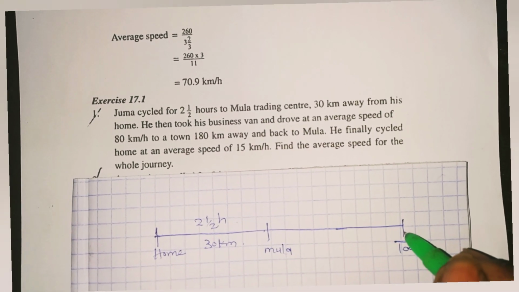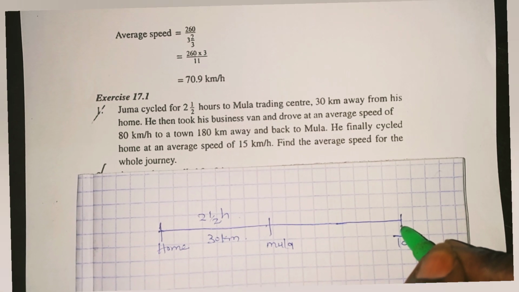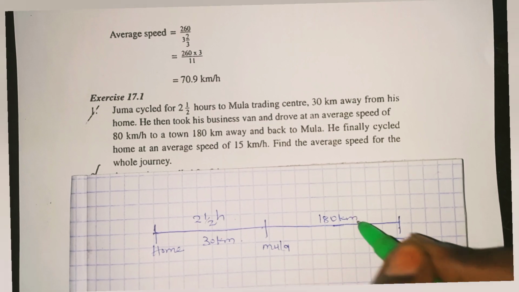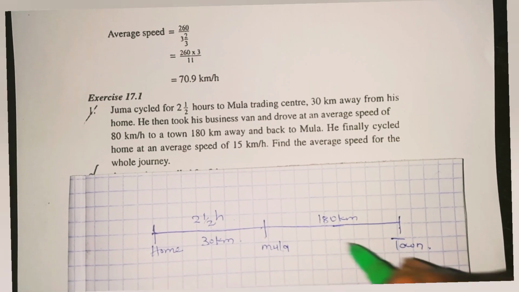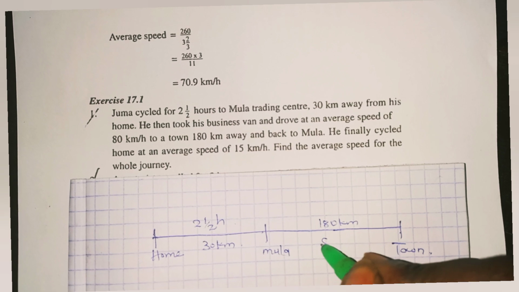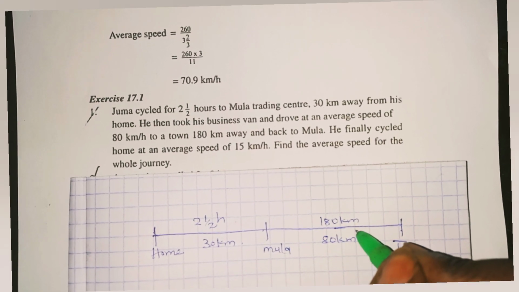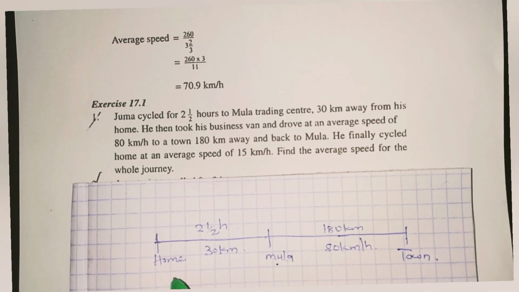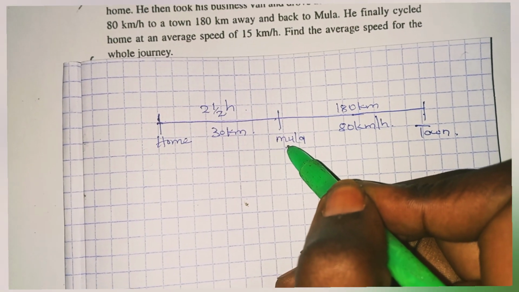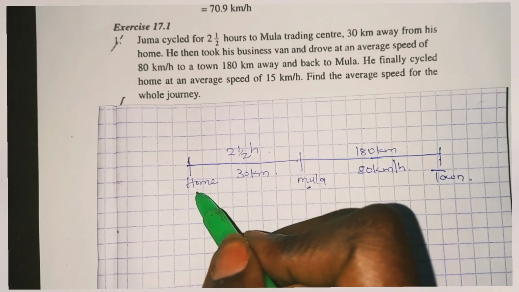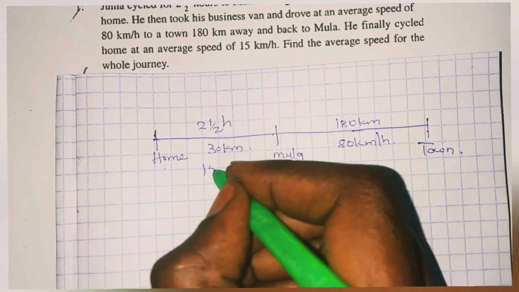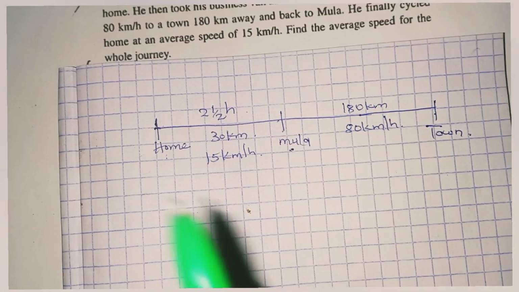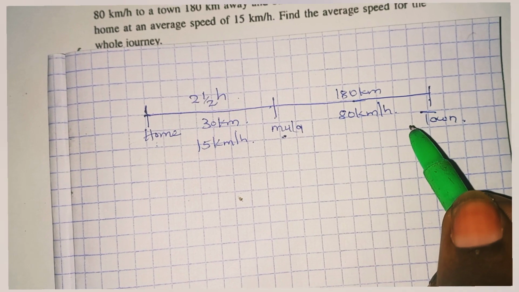From Mula to town, this town, whose name we have not been told, is 180 kilometers, and he went to this town at a speed of 80 kilometers per hour, and then came back to Mula. And after coming back to Mula, he cycled again home at a speed of 15 kilometers per hour. Now you are required to calculate the average speed of the journey.